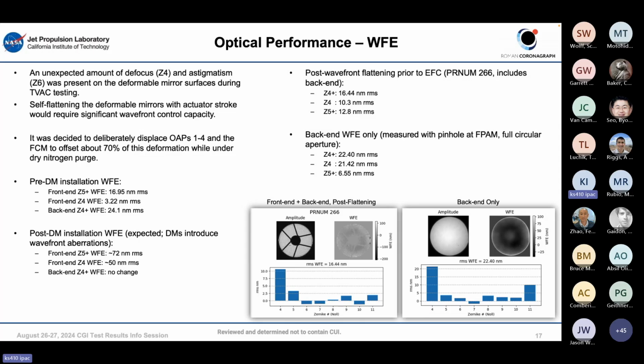Measured separately using a pinhole was 22.4 nanometers RMS, very close to the 24 that we had originally measured in air. We couldn't do the direct subtraction of that because of the obscurations in the pupil in the front end. But it's something that would be done on orbit.